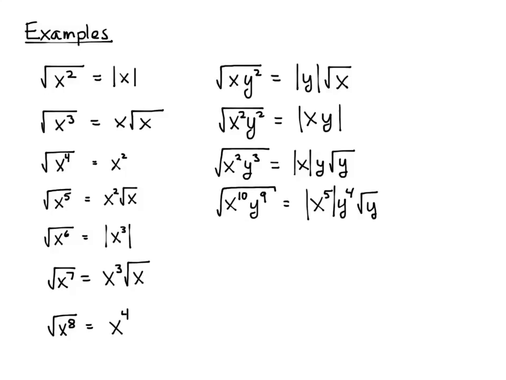X to the 5th, it's possible for that to be negative if x is negative, but it's not possible for x to the 10th to be negative. So we do write the absolute value signs there. And for the same reason that we didn't write the absolute value signs before, this y has an implied domain restriction already, and there's no need to change this because we're starting with a non-negative number for y to begin with.